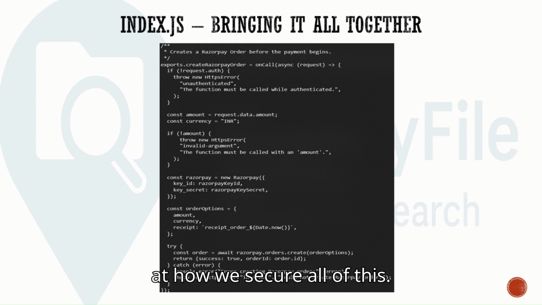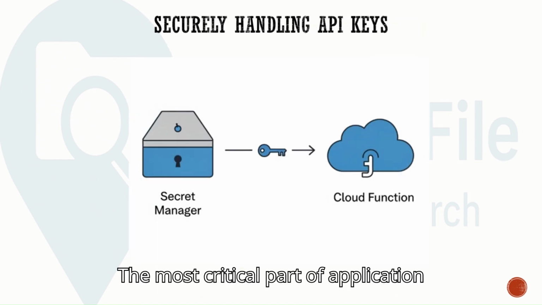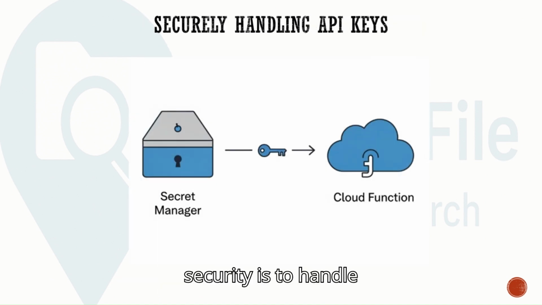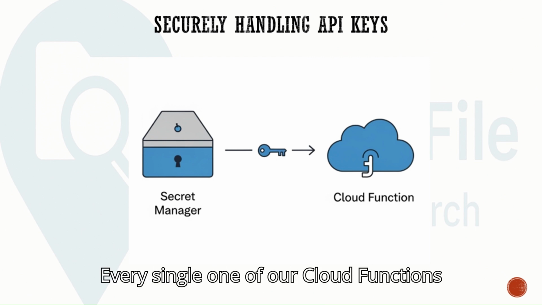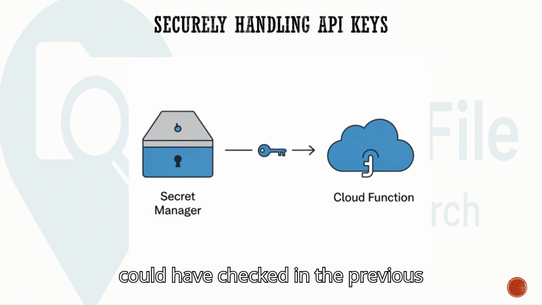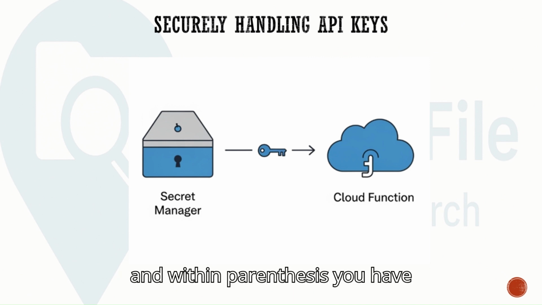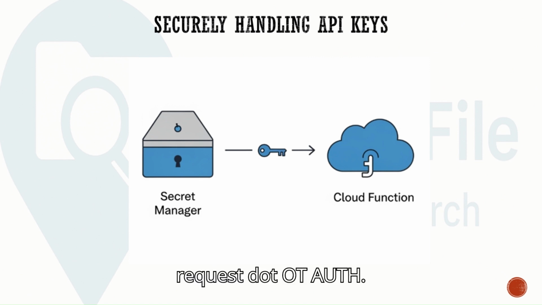Now let's look at how we secure all of this. The most critical part of application security is to handle API keys in a secure manner. Every single one of our cloud functions begins with this critical check, which you could have seen in the previous screen: if not request.auth.